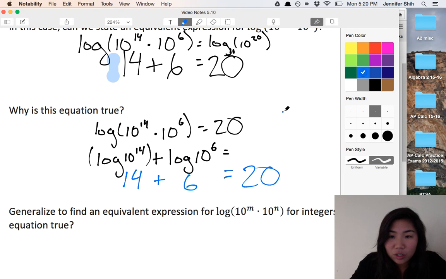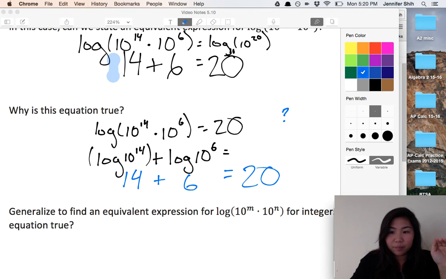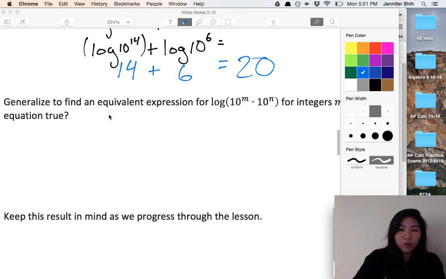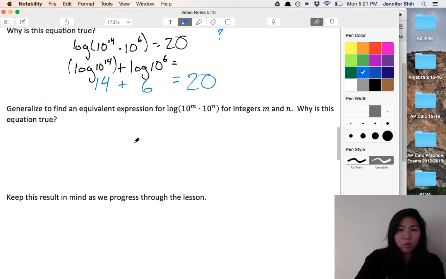You may have some questions, so jot down some questions or hit rewind for a second just to listen to the last part again. Okay, so generalize to find an equivalent expression for integers m and n for the equation to be true. In your notes, you need to write, why is this equation true? You can write, it's a general form.